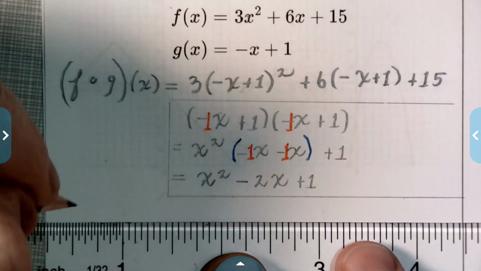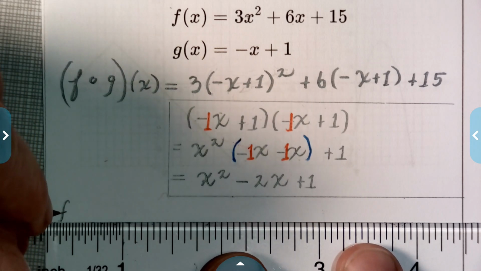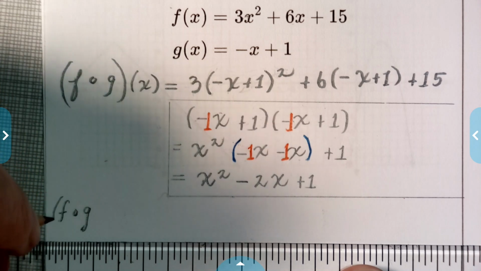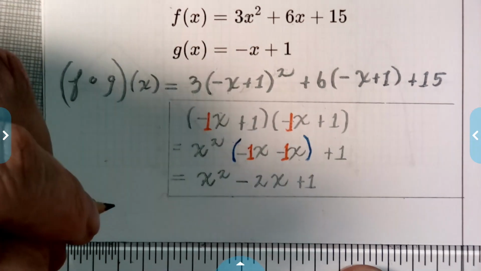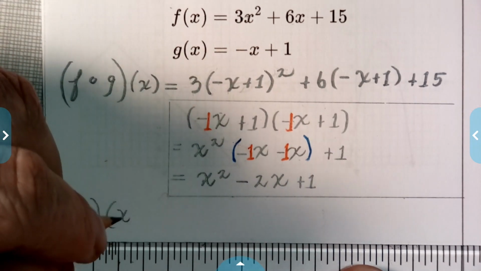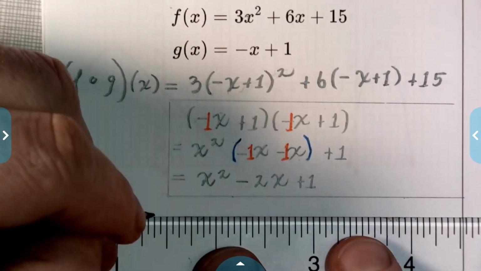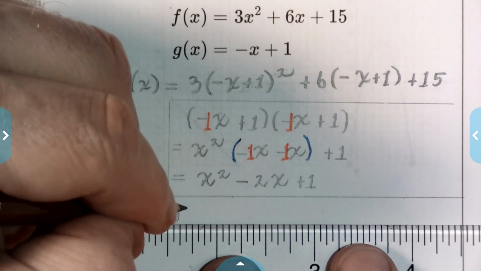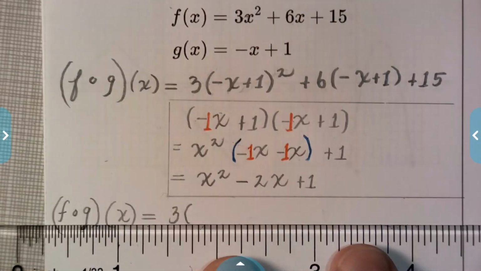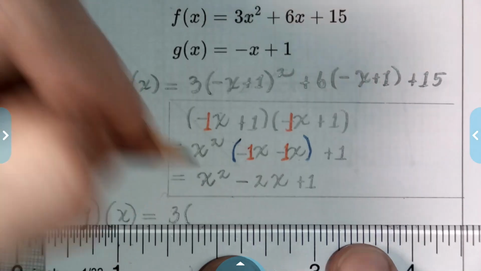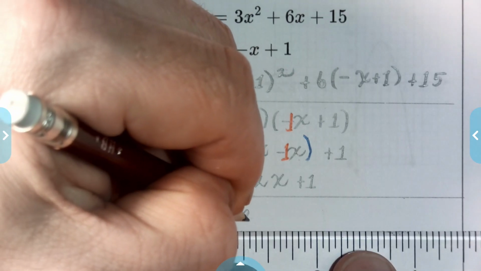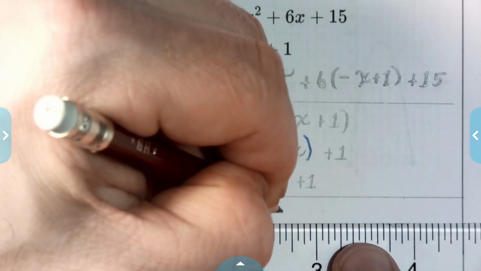So we got f of g of x equals 3, and then we're going to do this, x squared minus 2x plus 1.